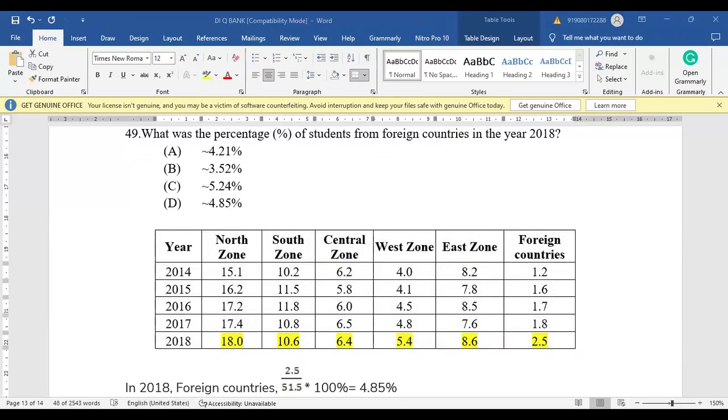See, that is what I say. You should not look at which model the data comes in. You should always concentrate on numbers. Because for solving a problem, we need numbers. We don't need the type of chart. Whether it is a table or anything, what we need is a number.